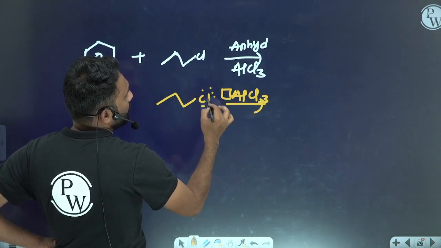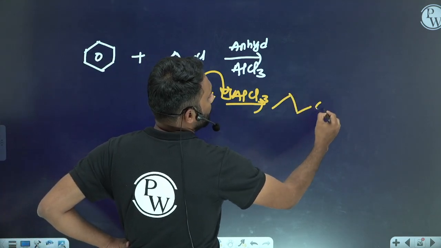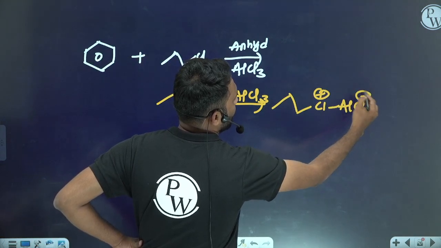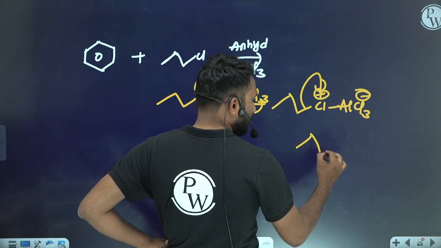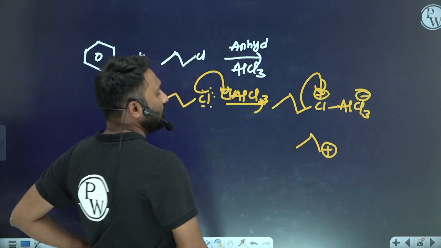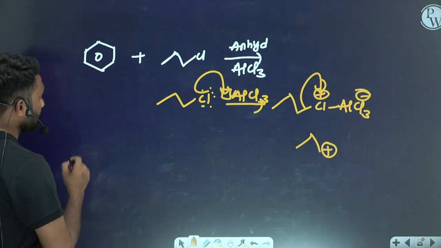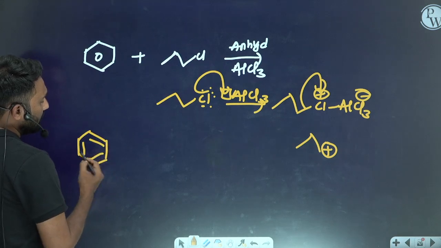Now this will accept the electron. Now here the Cl will get the positive charge. Now it will get the AlCl3 minus. Now to stabilize this, we have to give the bond pair of electrons. Now here we are getting the positive charge. But if they give this kind of question with options, this option also will be present in that solution.